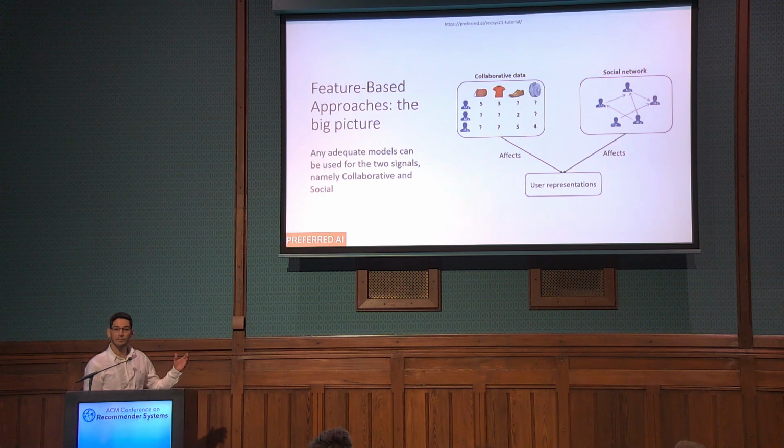This is very similar to what we did with images and text, where for text, for example, you have a topic model to learn user representations, or item representations, from documents. And you can also learn item representations from the collaborative data. You combine them, and then you try to explain the ratings.